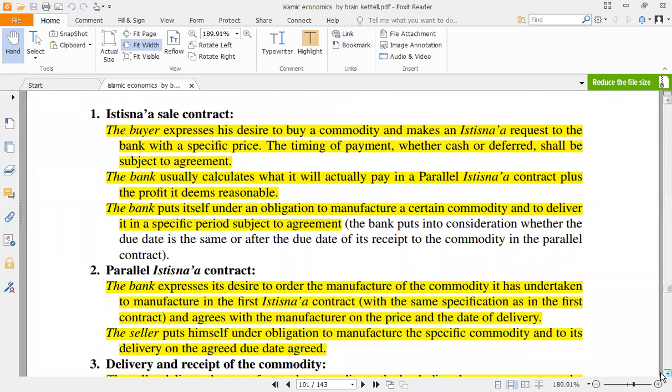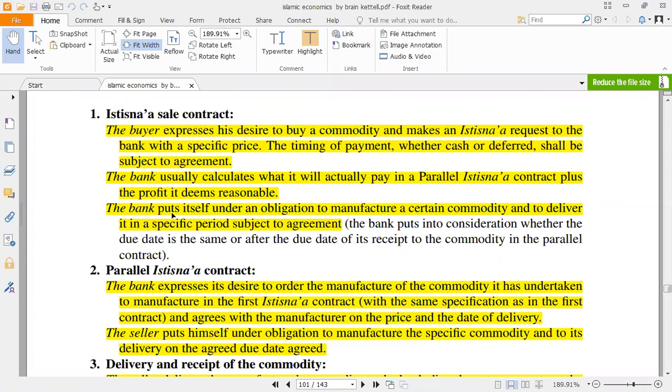Then what does the bank do? This is the first option, the first is the sale contract. Here the bank puts itself under an obligation.